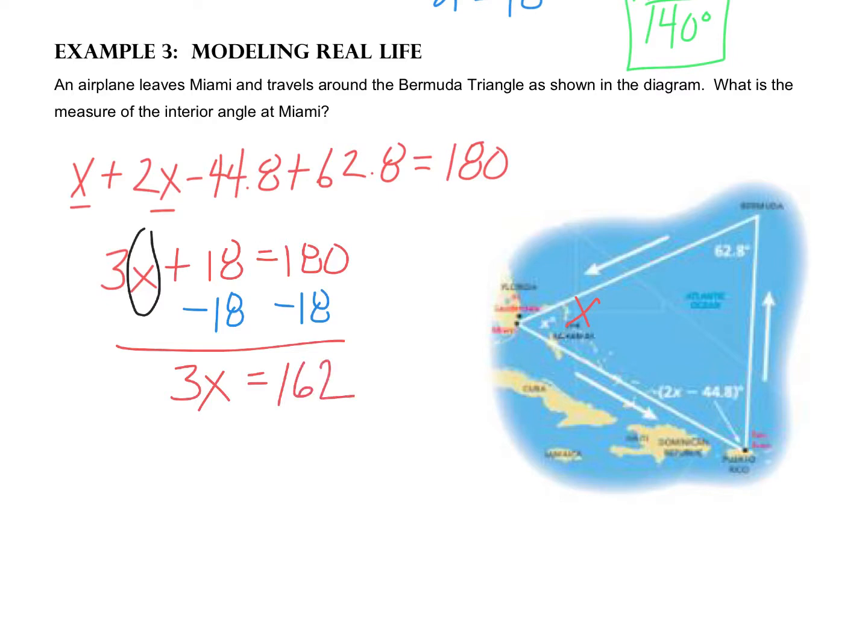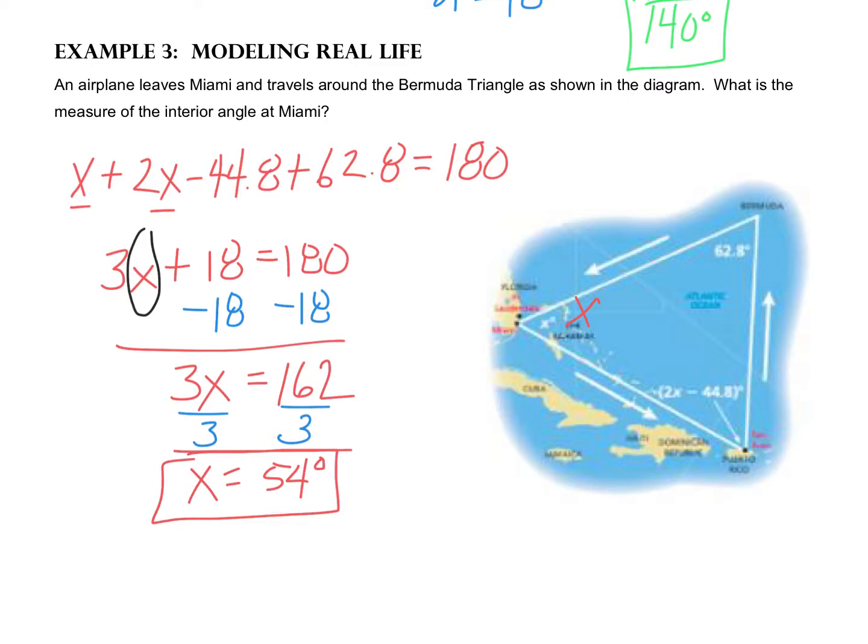And then I can divide by 3. X now equals 54. Now they want to know what's the measurement at Miami. So in this case, we want to find that X because that is going to be my answer. So we're just going to add the little degree symbol. The measurement at Miami is 54 degrees.